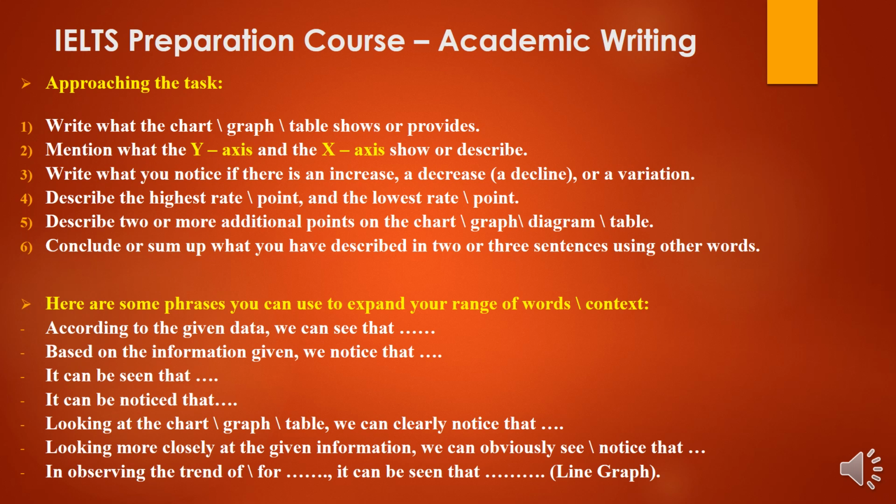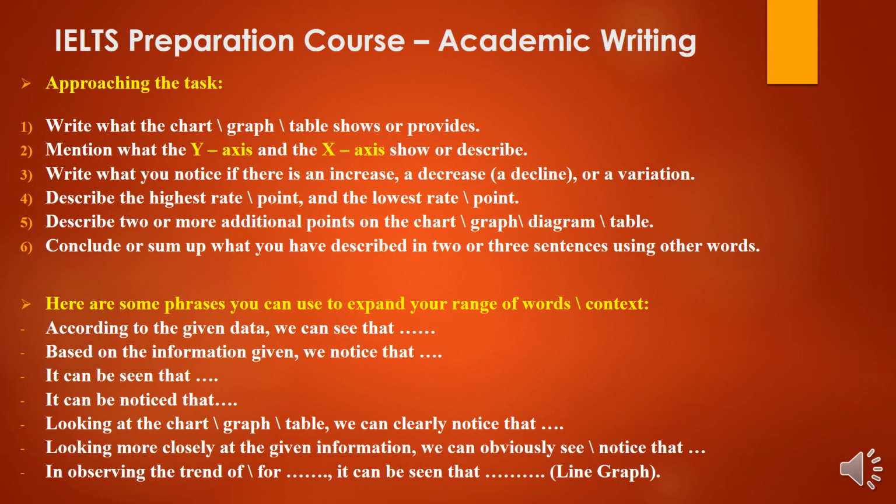Moving on to approaching the task, number 1, write what the chart, graph, or table shows or provides. Number 2, mention what the y-axis and the x-axis show or describe. Number 3, write what you notice, if there's an increase, a decrease which equals a decline, or a variation.